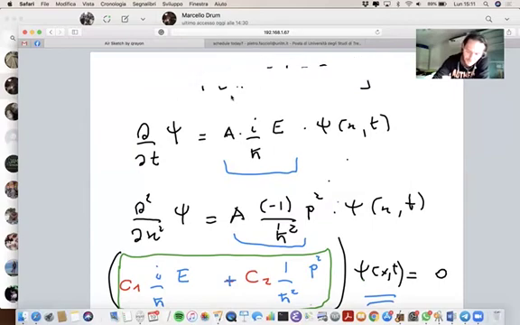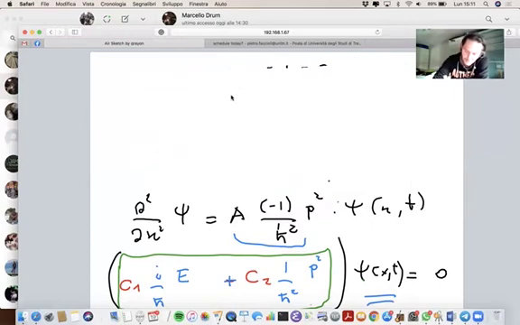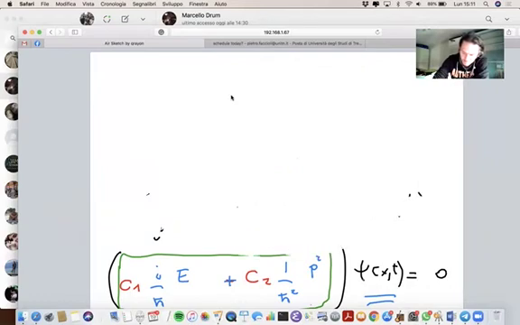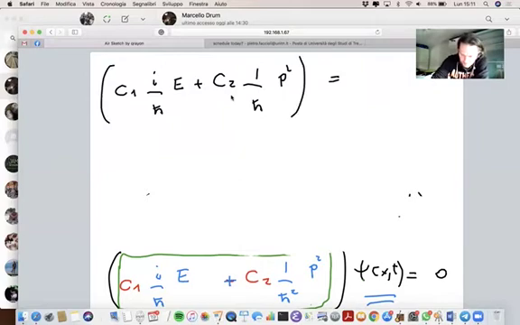So we came to the conclusion that a good guess for our wave function equation is one in which C1 i over h bar E plus C2 1 over h bar p squared is equal to 0. Then, of course, there are two constants for one equation.